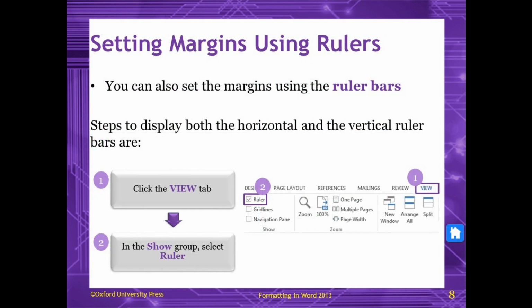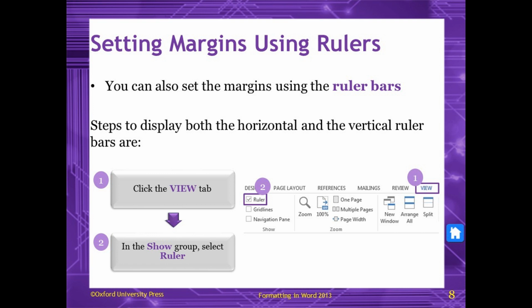And now we will learn how to make changes in the margin settings by using ruler bars. First of all, you have to display the ruler bar on your page if it is not already displayed at the top and left sides.